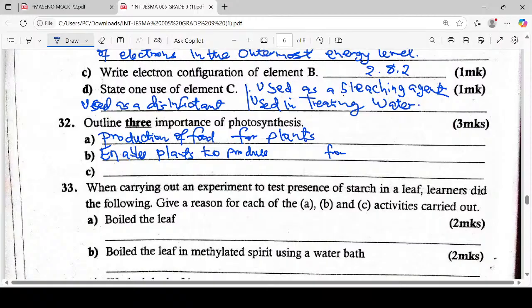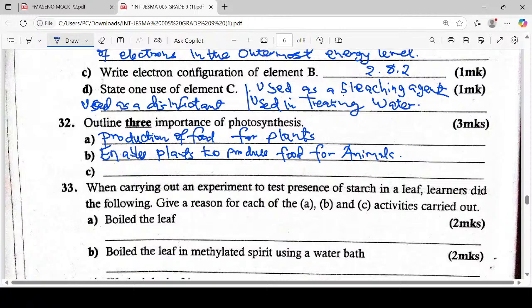My pen is not writing again, but let me just fix it. Enables plants to produce food for animals.